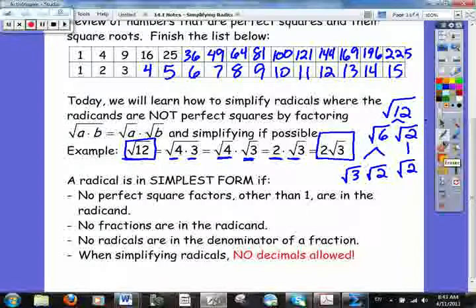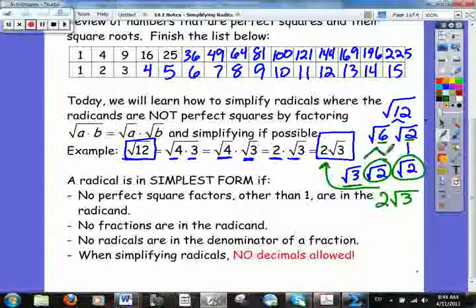I have 2 of the same radicals. So if I have 2 of them, I can take the radicand out, and then I still have the square root of 3. So I can still get to the same answer, even if I choose factors that are not perfect squares, just so long as I factor it all the way down and see if there is a pair of factors that are perfect squares.